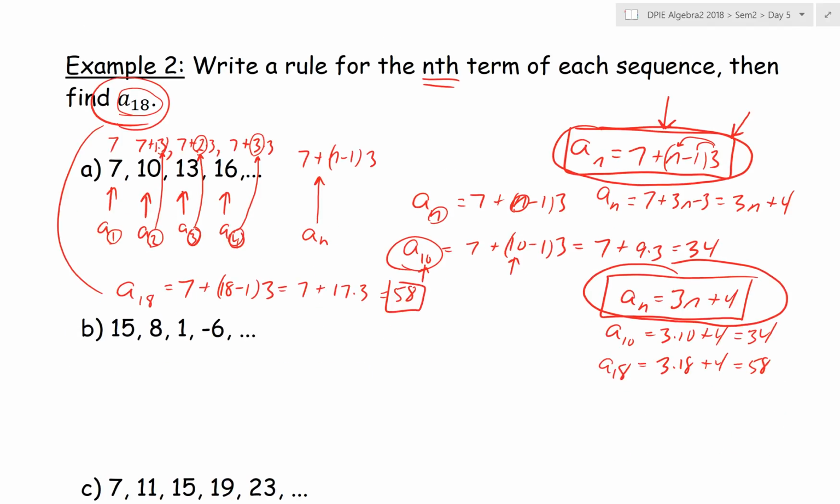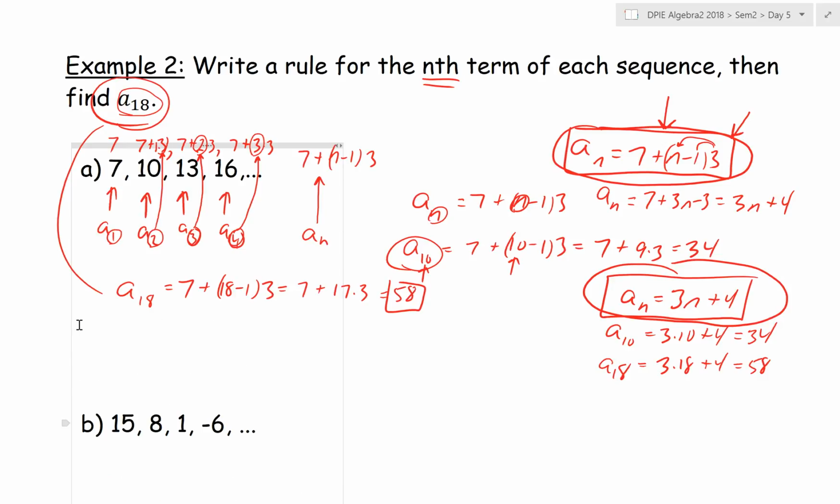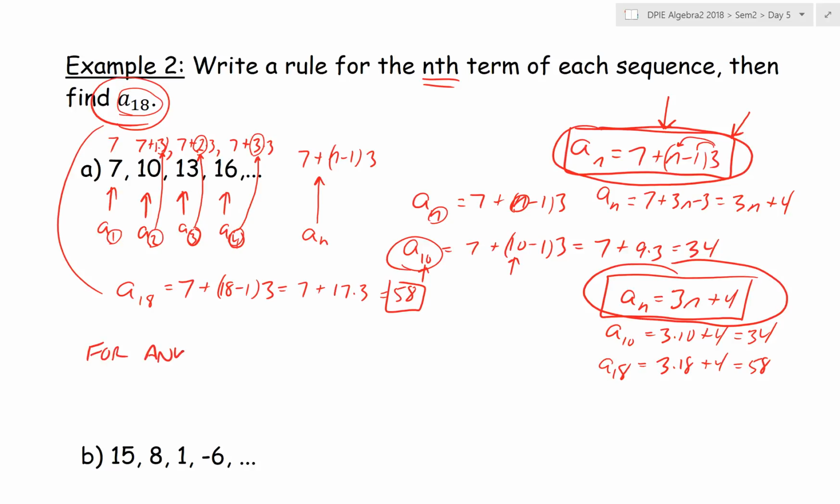So in general, before we get on to the next example here, we should write down that for any arithmetic sequence, the nth term rule is going to be a sub n is equal to the first term plus n minus 1 times the common difference.